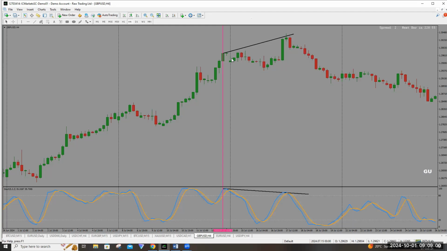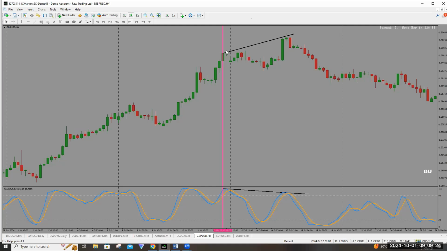Then number 3, you're going to look for divergence on the chart and on the oscillator. Now check, we had this higher high, then we had loss of momentum, but the market pushed really strong and created a higher high. So we have this high and we have a higher high. But on our oscillator, what happened?